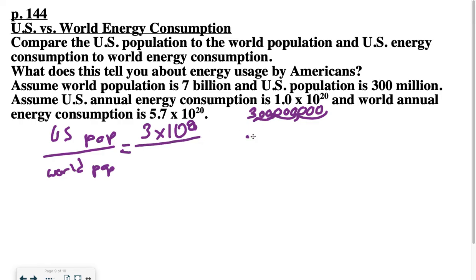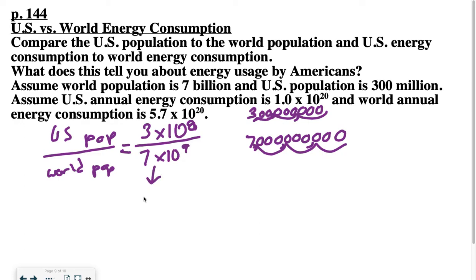And the world population is 7 billion, so that's 1, 2, 3, 4, 5, 6, 7. Let me make sure I got, so that's 1,000, a million, a billion. So that's 7 times 10 to the 9th power.